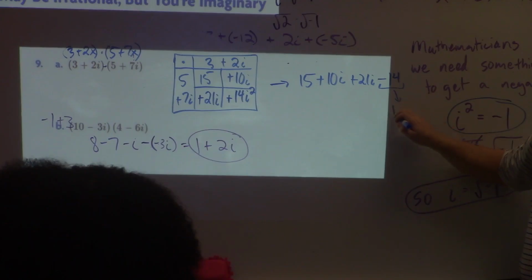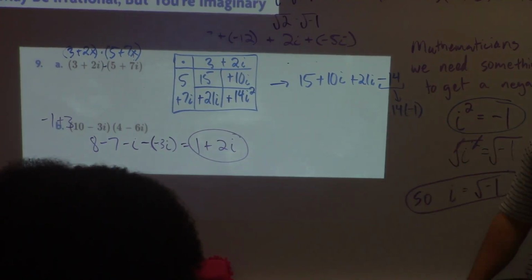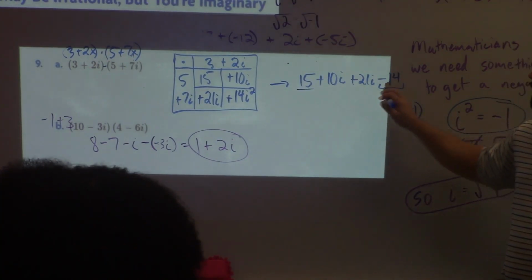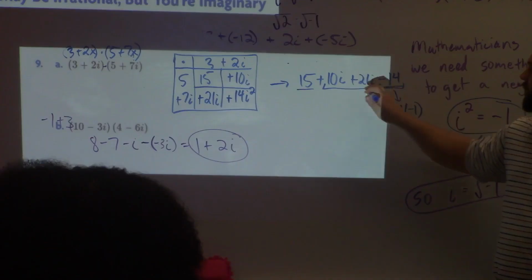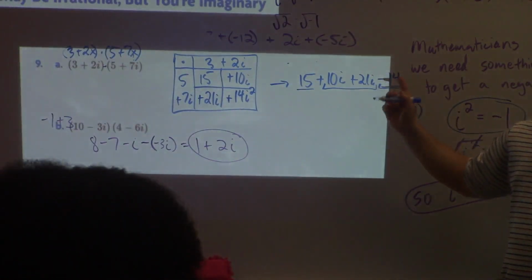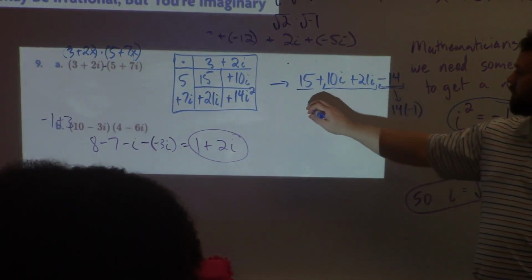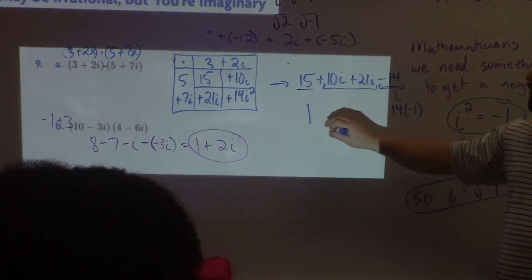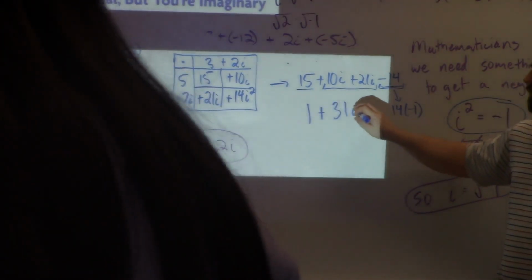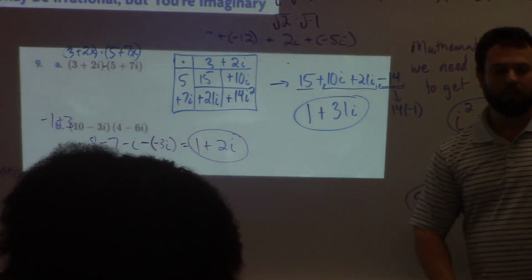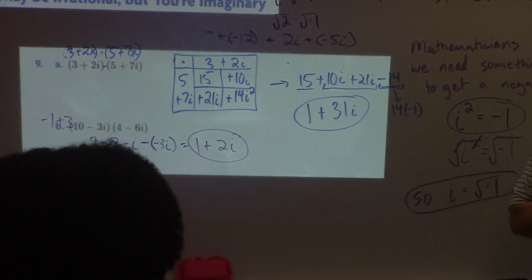Remember, that's 14 times negative 1. Now I have some real numbers, and I have some imaginary numbers. What's 15 minus 14? 1. What's 10i plus 21i? That's it. Guys, just use your area model to help you multiply.